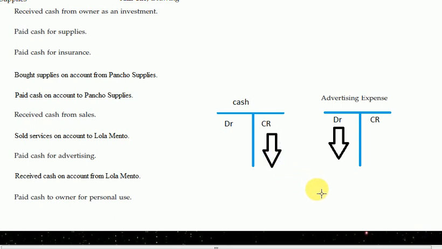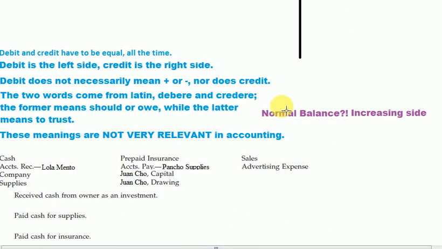Alright, so now this transaction says receive cash on account from Lola Mento. We see the word cash here, so cash is involved. I'm going to leave it there. And Lola Mento, we know from our experience before, is an account receivable. That is the debt in favor of you.